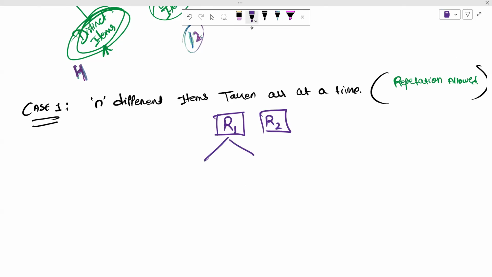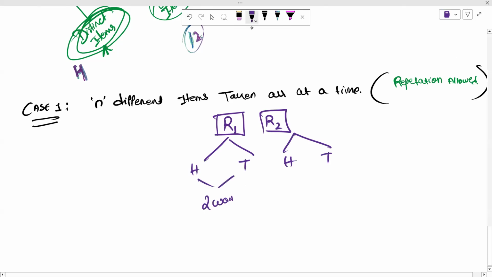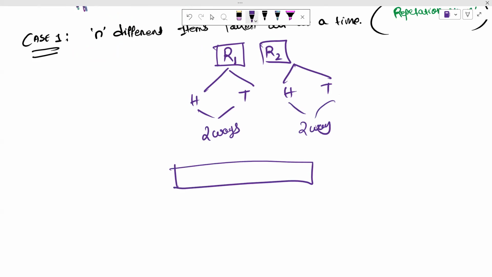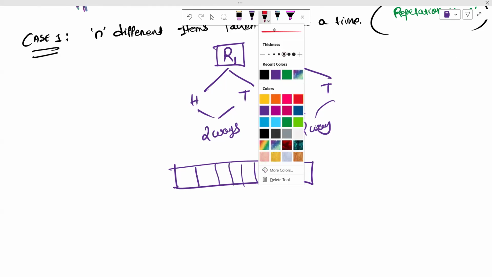Each coin has head and tail, so this part is two ways and this part is two ways. Inside the box, you can do the one box method. For example, there are n coins. How exactly will you count? You will follow it like this.